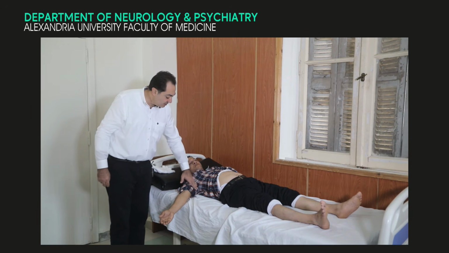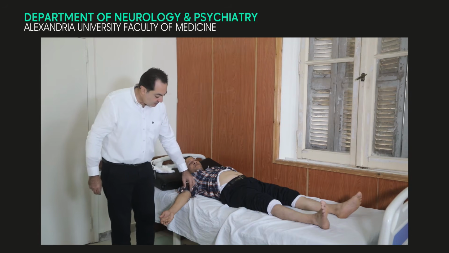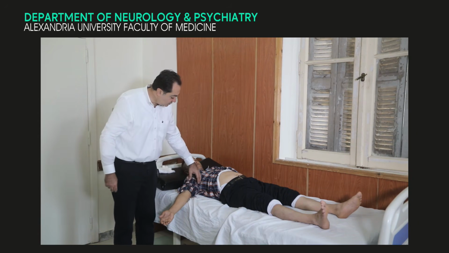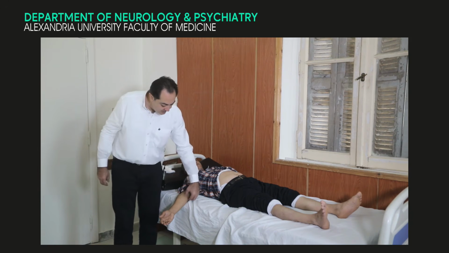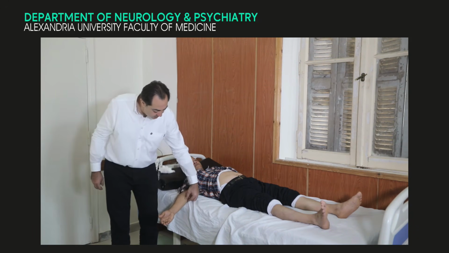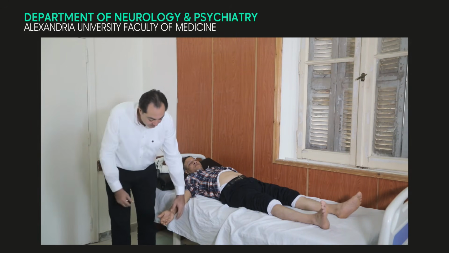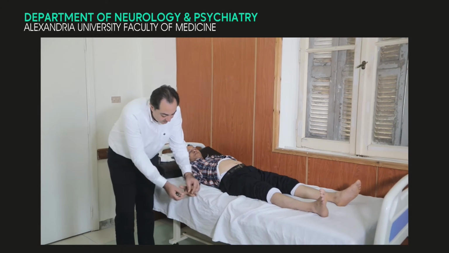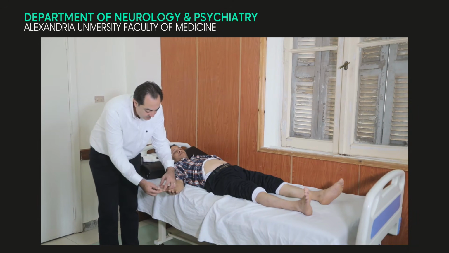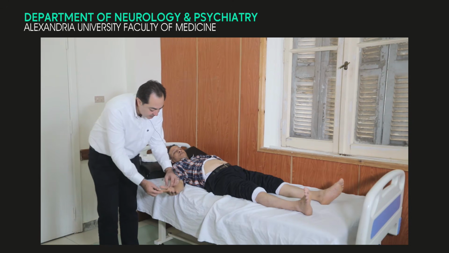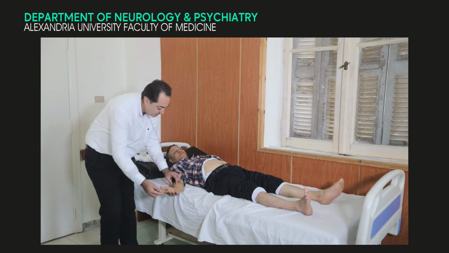C8 is on the medial part of the arm. Dorsal 1 is here. C8 is on the medial part of the forearm. C7 is in the middle finger and an area above. C6 is the thumb and the index finger and a part of the forearm.